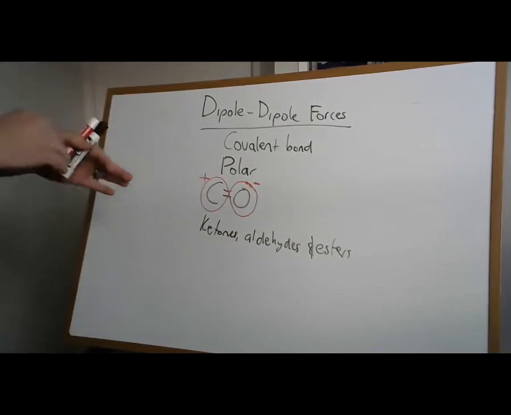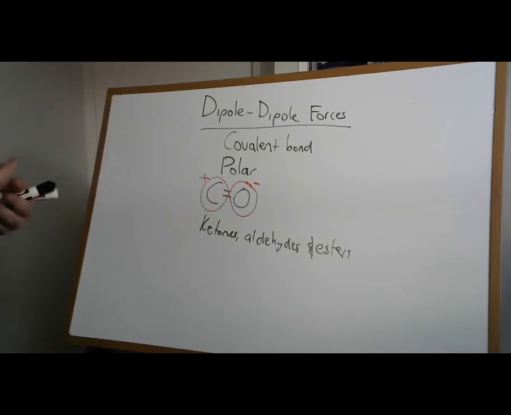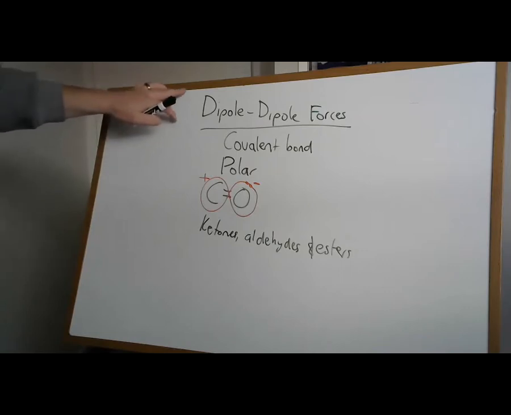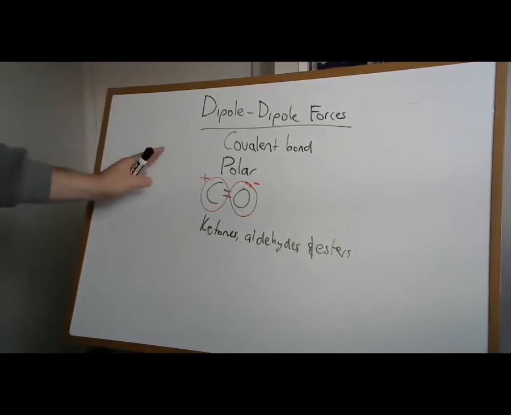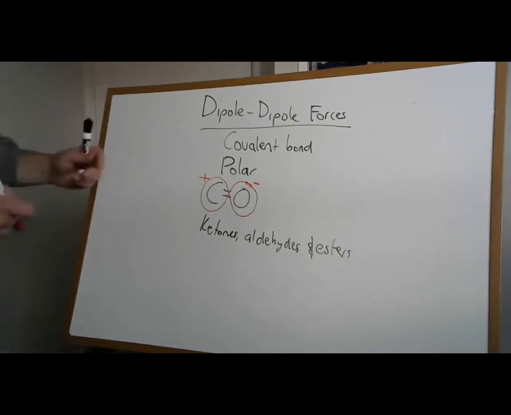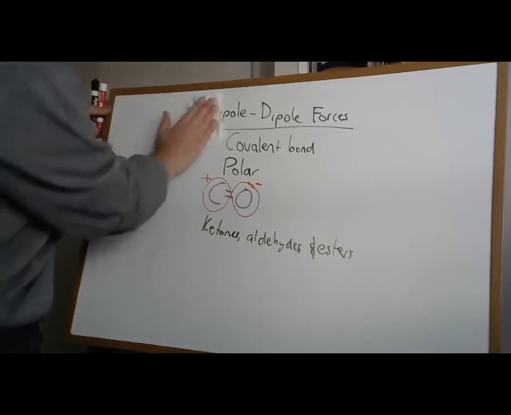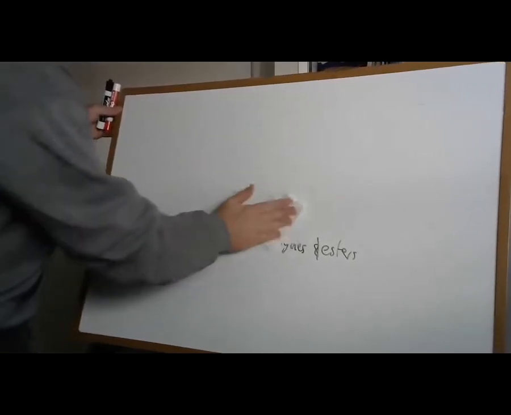And the reason that it's stronger, this is the second strongest, is that with dispersion forces, that negative charge swings around to the other side really quickly, whereas this is slightly more permanent. I'm not going to spend too much time because we are just rehashing.